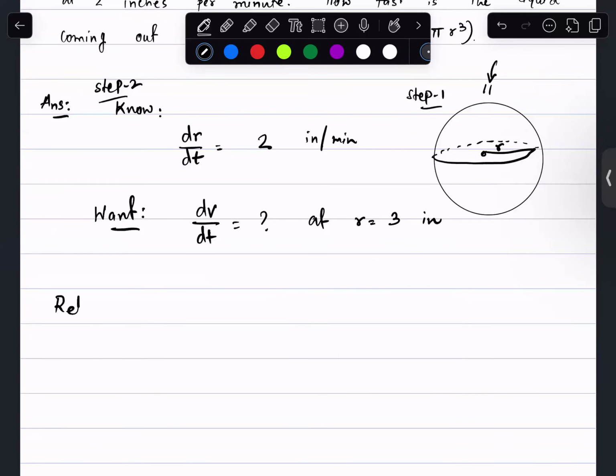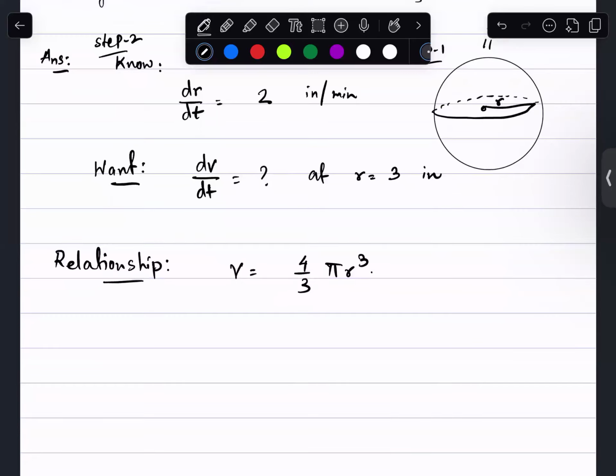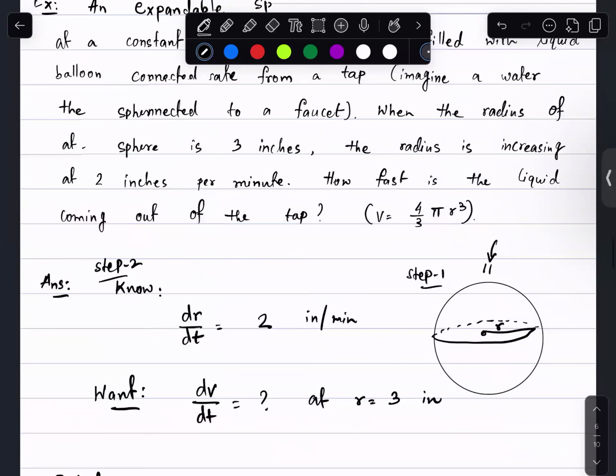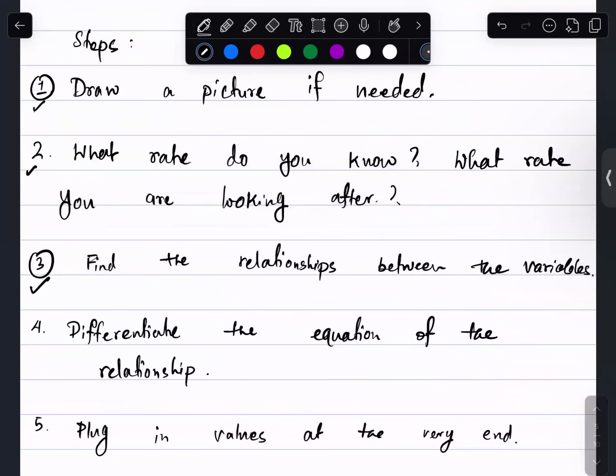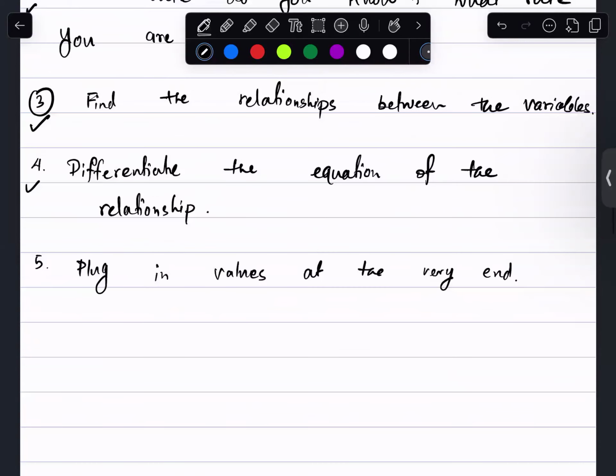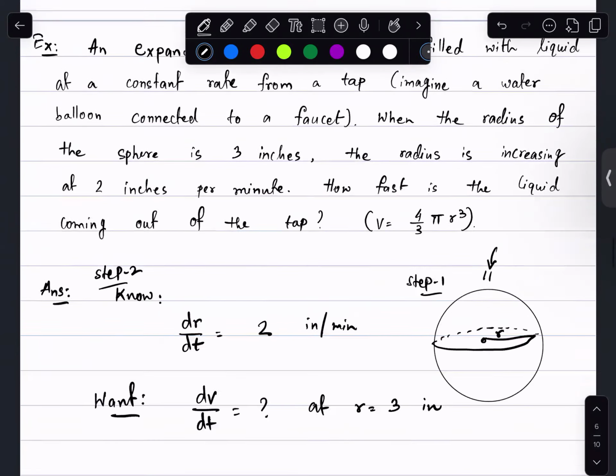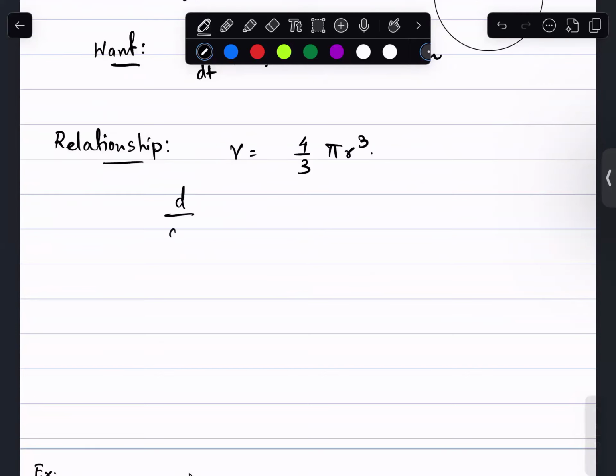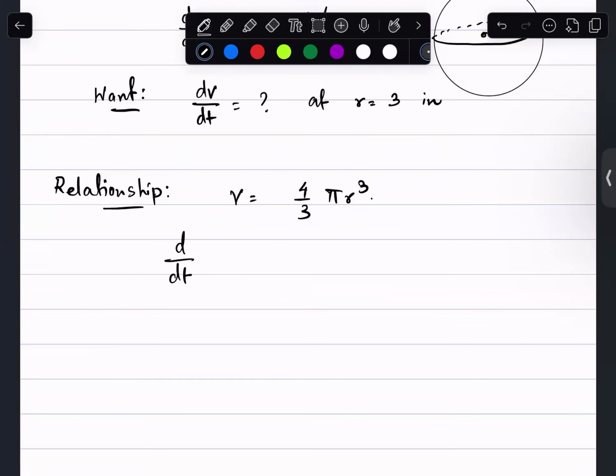Now the relationship that I am given is v equals 4/3 pi r to the 3. So step 2 is done. Step 3 is done. Now step 4 is to differentiate the relationship. As I am interested in dv over dt, I should consider d/dt on both sides of the relationship.